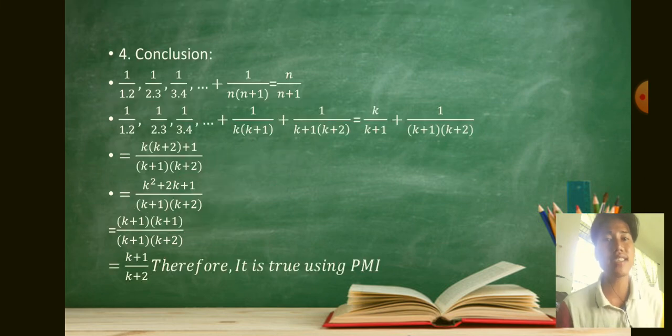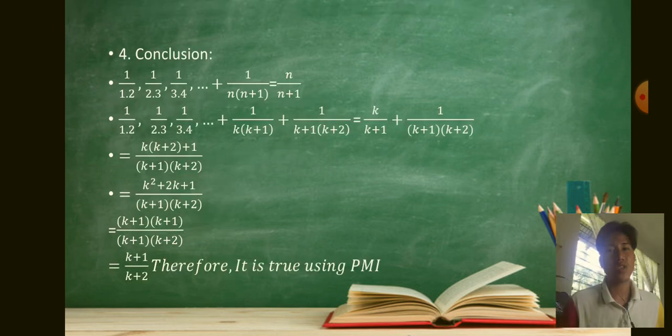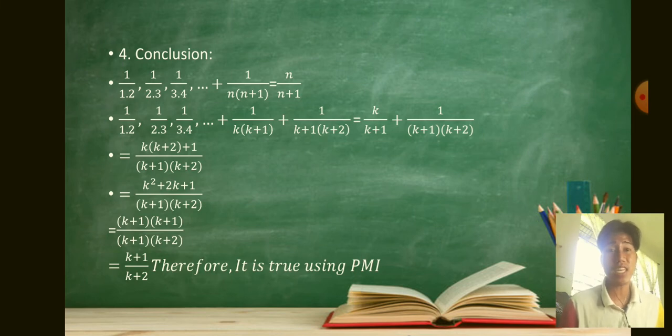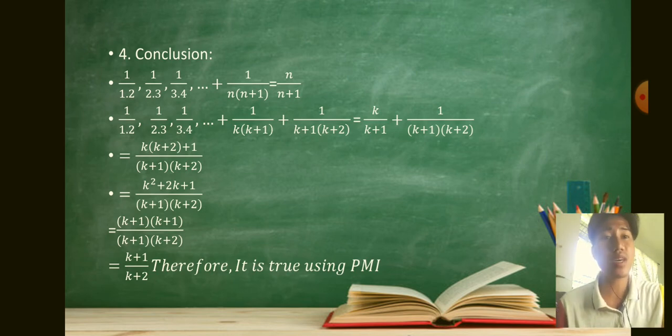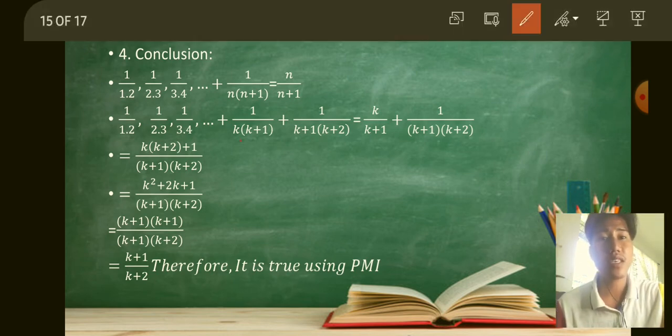And then last step is the conclusion. So from 1 over n times n plus 1 is equal to n over n plus 1, here we add the term for k plus 1.